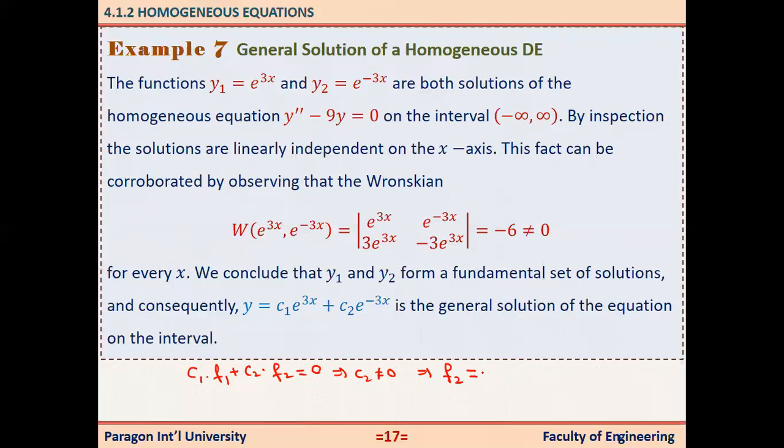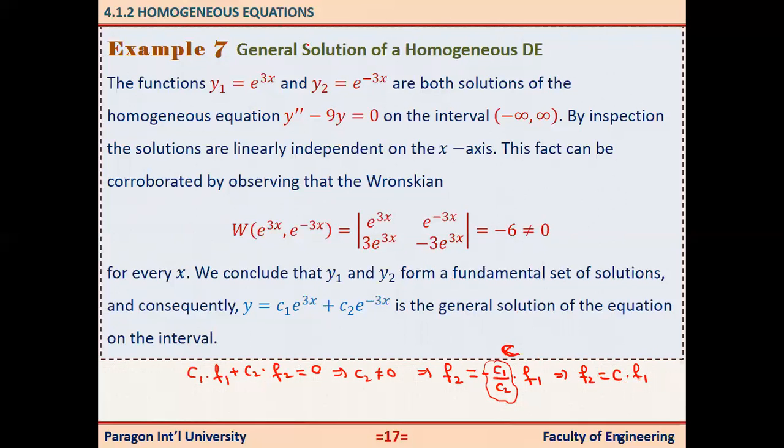That's equal to minus C1 over C2 times F1, and I can just label this thing with C. Then F2 is equal to C times F1. If you're talking about two functions, if they are linearly dependent, then we should be able to write one function as a constant multiple of another function.